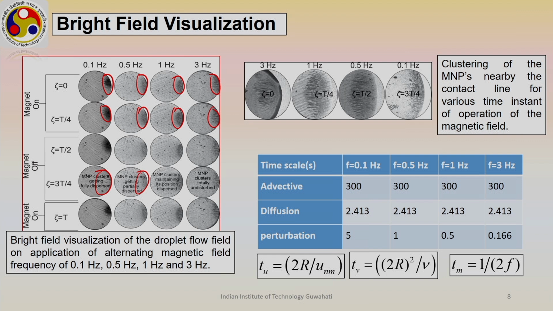As I said, for 0.1 hertz and 0.5 hertz the perturbation time scale duration is relatively high. So, the time over which particles get dispersed from the deposited zone is relatively higher, and we can see almost complete dispersion, while for the 1 hertz and 3 hertz cases, particles are not getting enough time to be dispersed, as a result of which we can see the cluster-like formation at the periphery close to the magnetic core.